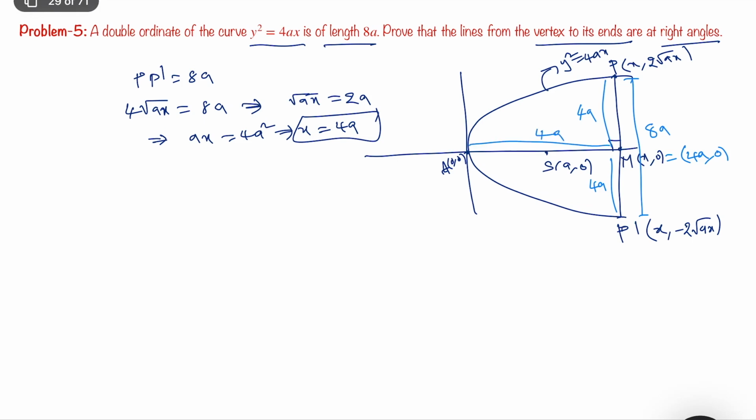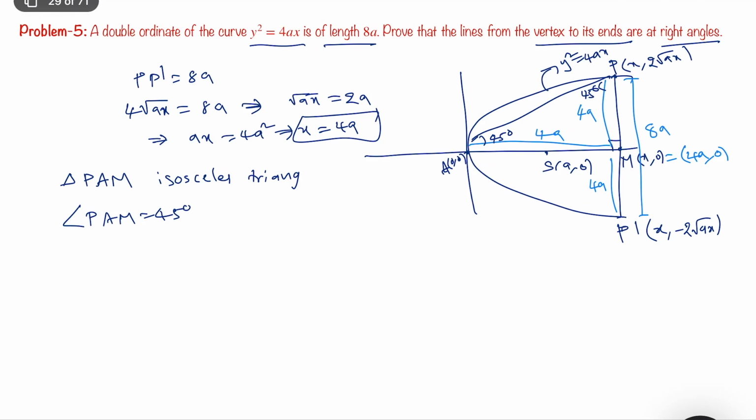Now if you consider the triangle PAM, this is going to be an isosceles triangle. So this angle must be 45 degrees. This also must be 45 degrees. So we have angle PAM equal to 45 degrees.